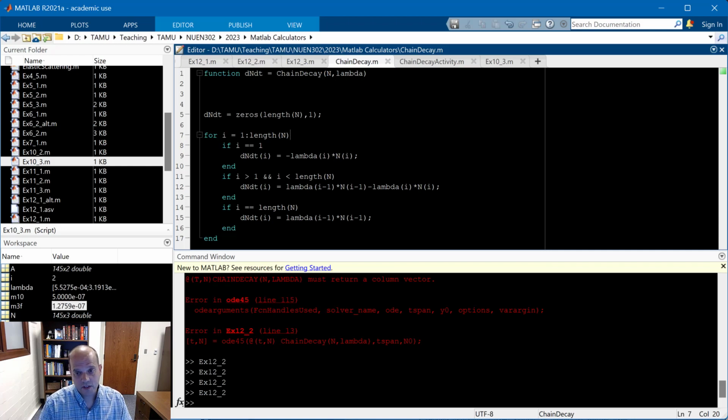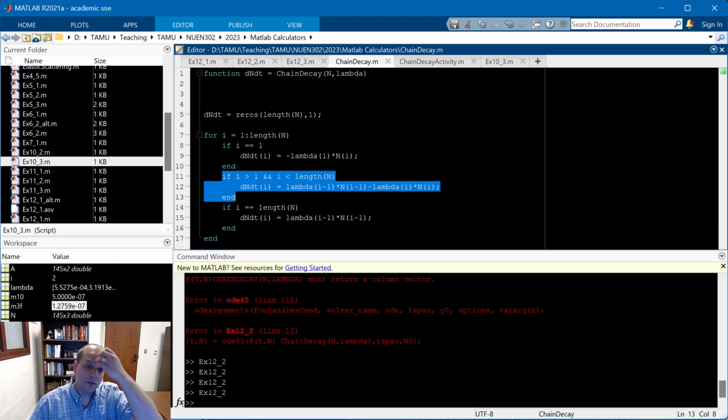If it's the first equation, that's what these lines are doing here, then I only have a sink, and that's what this is. If it's the last equation, then I only have a source. So that's why I got a negative here and a positive there. Everything in between, that's what these lines are, is going to have both a source and a sink.